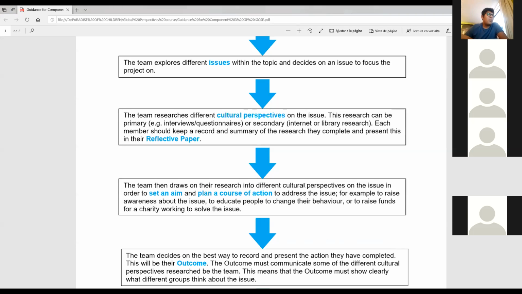Okay, let's continue then. After you have explored different cultural perspectives, for example, if we select the topic disease and health, which is one of the team project topics, we can explore several issues of disease and health, even of the current events. The coronavirus outbreak as a pandemic has shown us how very little prepared we are.